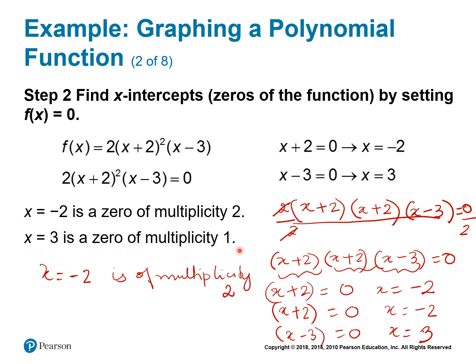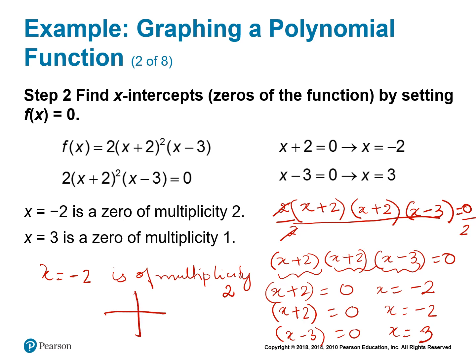So we figured out the multiplicity, and then we have to look at the multiplicity. If it is an even multiplicity, as in the case of x equals negative 2, then that means the graph is going to change directions at the intercept. Let me just draw the axis here.